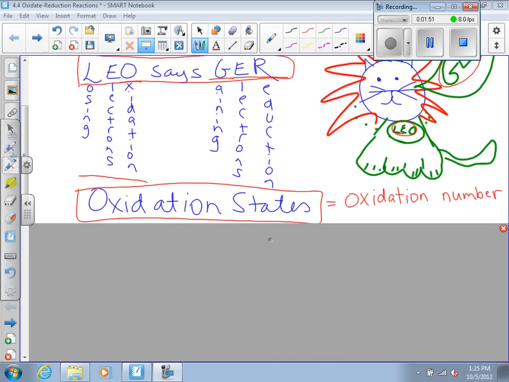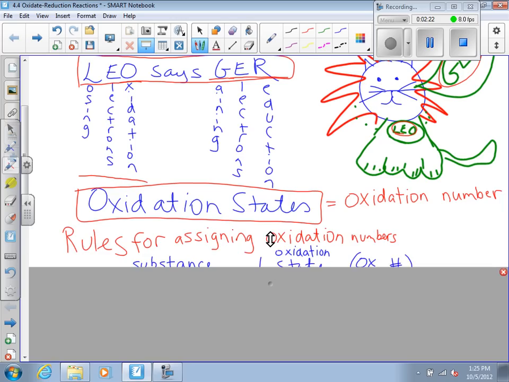I noticed it was very messy. Okay, oxidation states are a way of identifying whether electrons are gained or lost from an atom. It's not at all how many electrons an atom or an ion does or doesn't have. It's just a way of keeping track of where electrons came from and where they went.